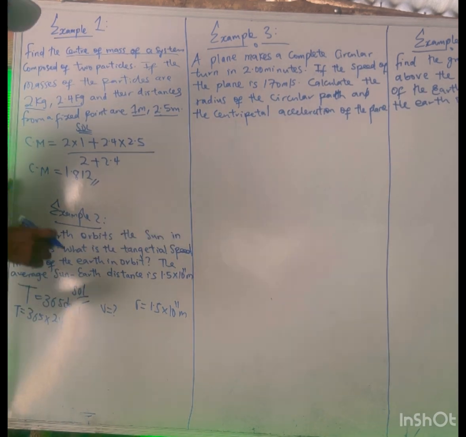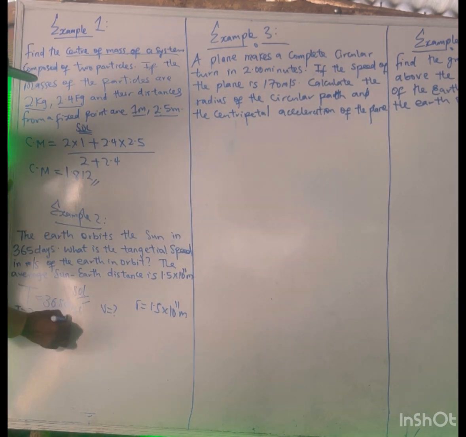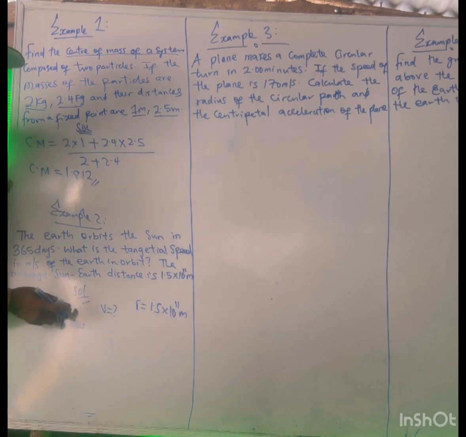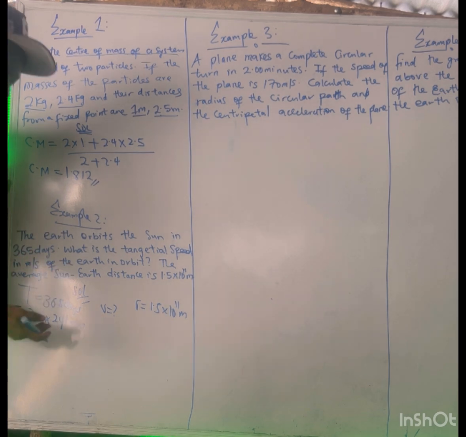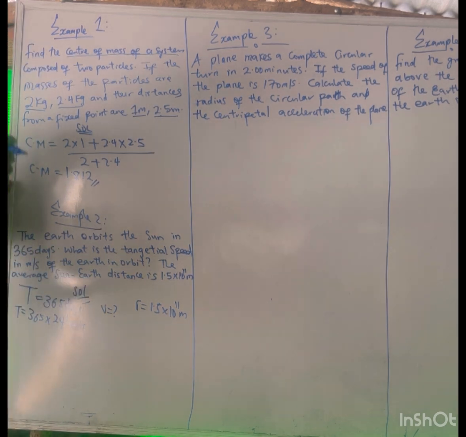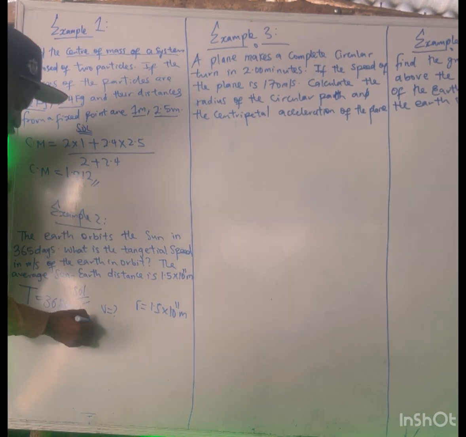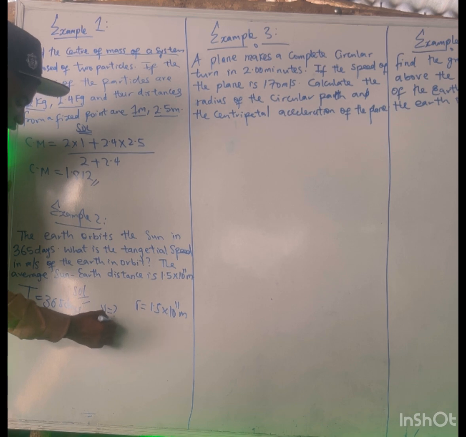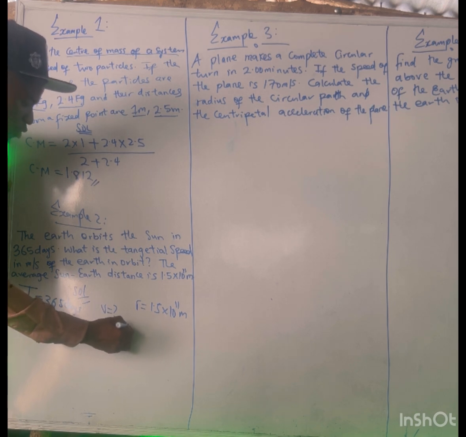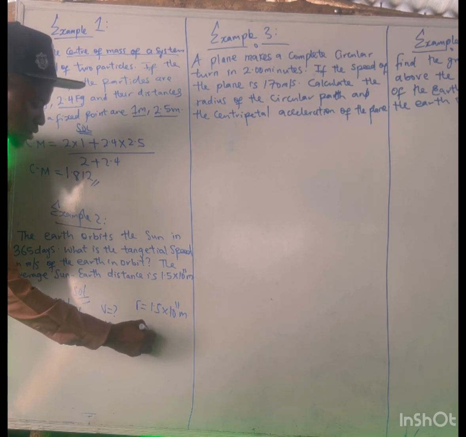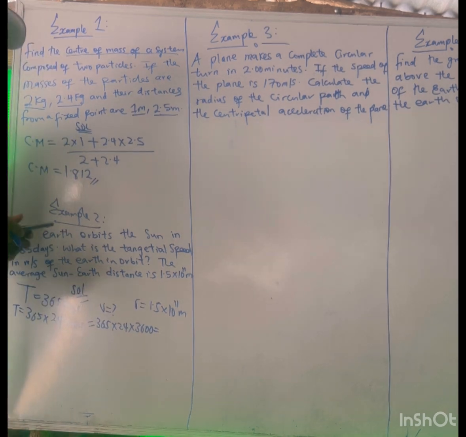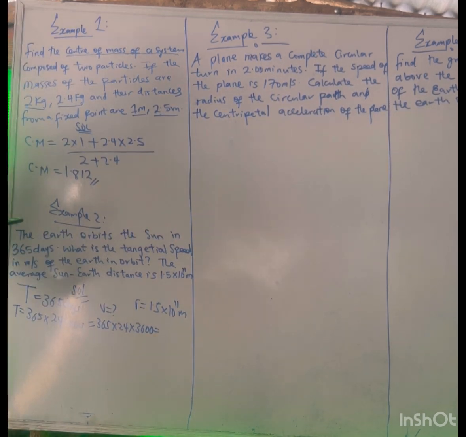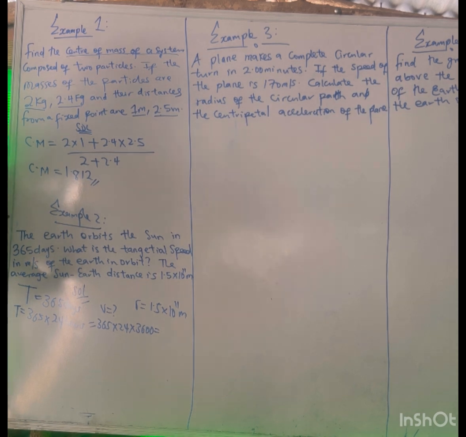So before I can convert it to seconds, I firstly convert to hours. So I will now convert these hours to seconds. To convert hours to seconds, I'm going to multiply by 3,600. So this equals 365 times 24 times 3,600.